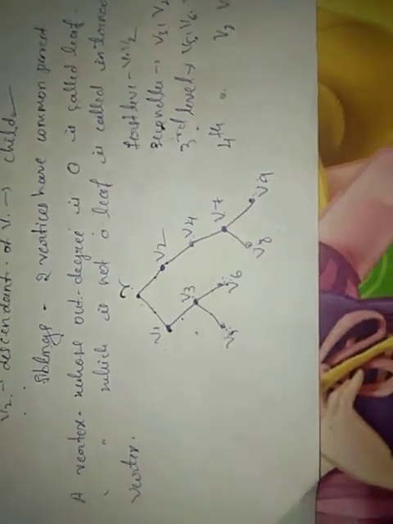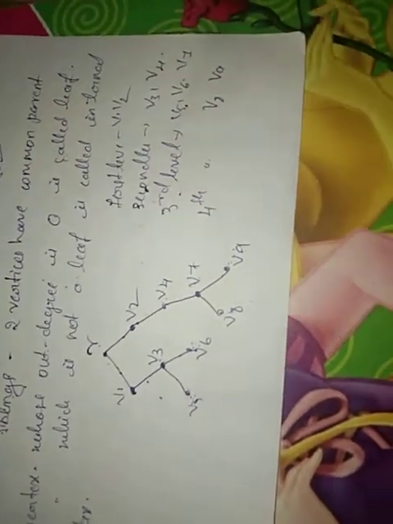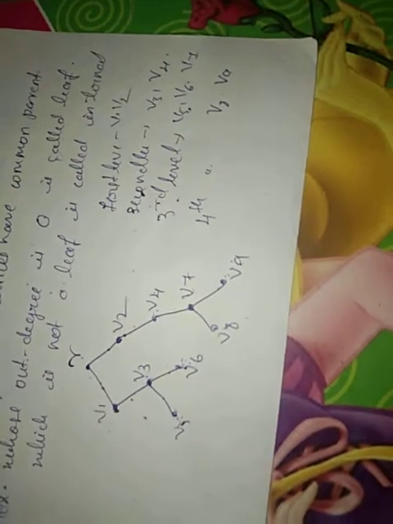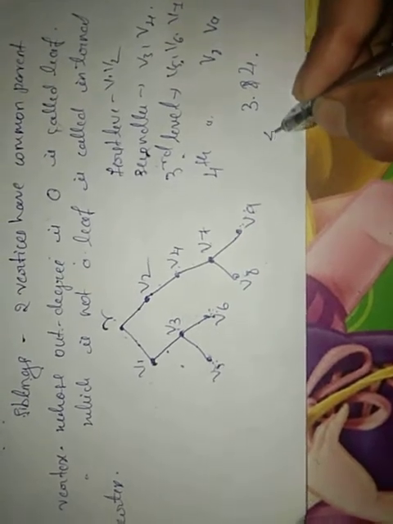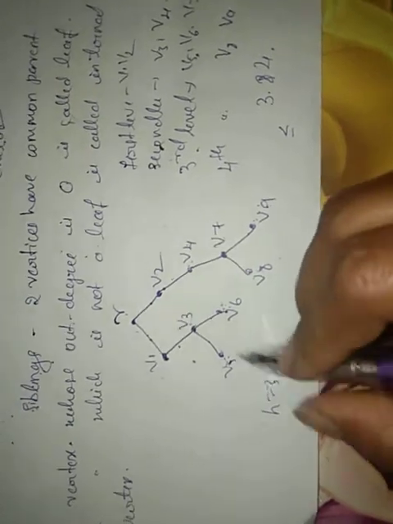So in this case V5, V6, V8, V9 are the leaves. The highest level of the leaf will be 4 here, and the remaining leaves will have level 3 and 4.